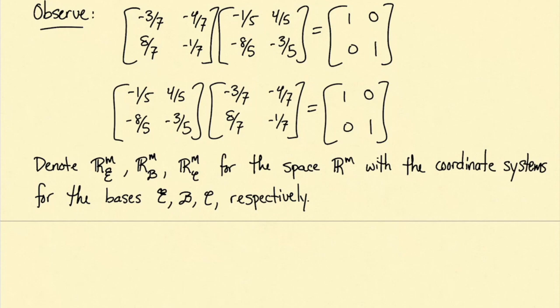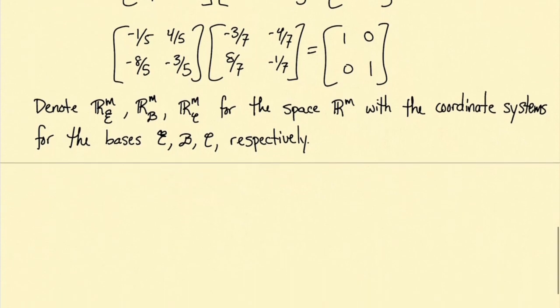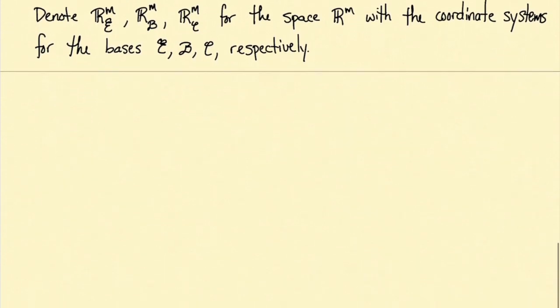Now, it's important to note that as sets, these are absolutely identical. The distinction is merely psychological, so that we can keep track of our starting and ending coordinate systems. We can think about our conversion matrices as defining linear transformations.